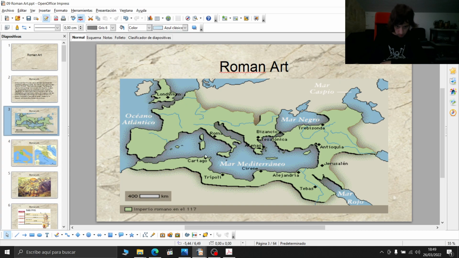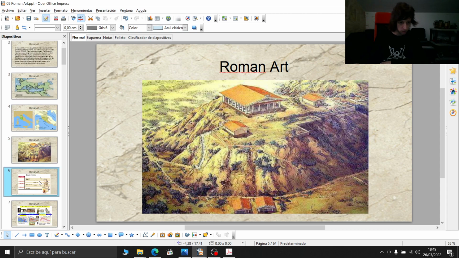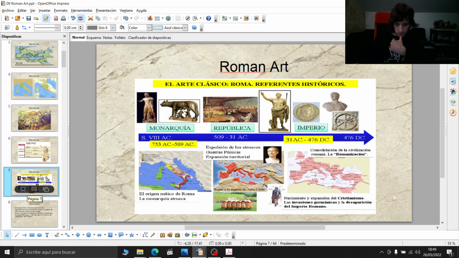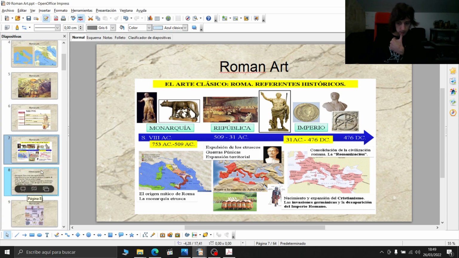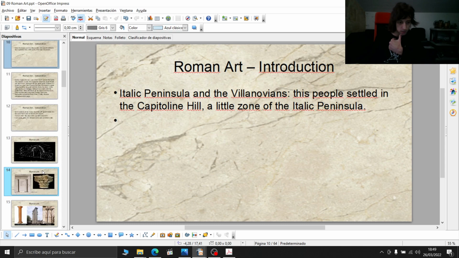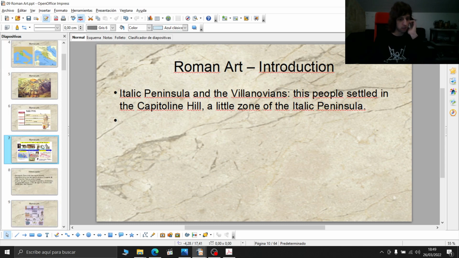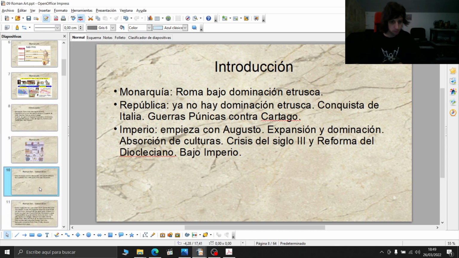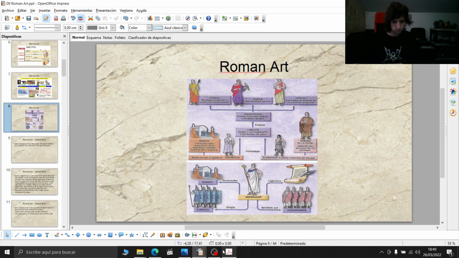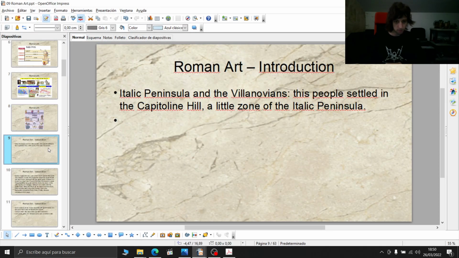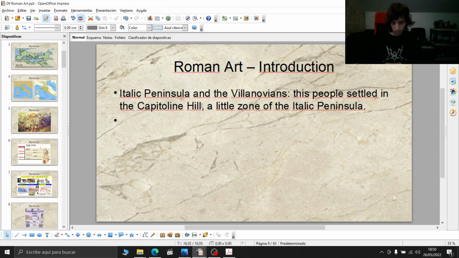This is the map. This is the Capitoline Hill and the periods. More of the period. This is the social classes. Okay, let's see how I structure this. Italic Peninsula and the Villanovians.